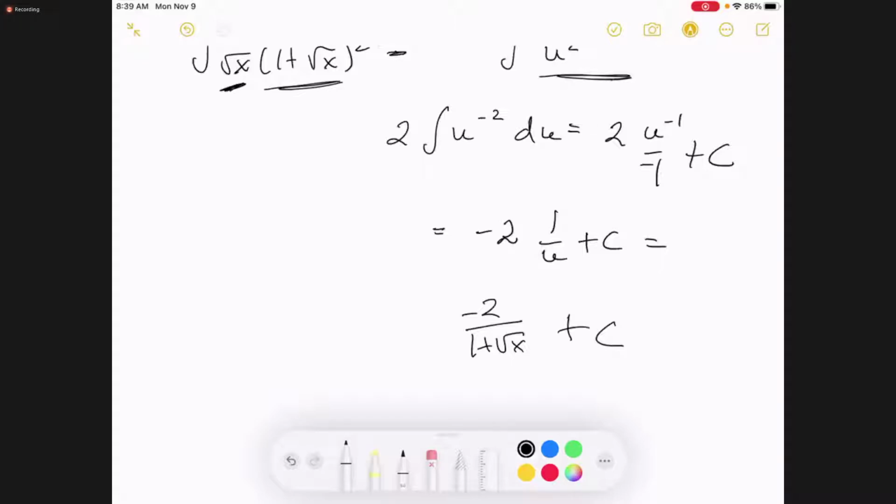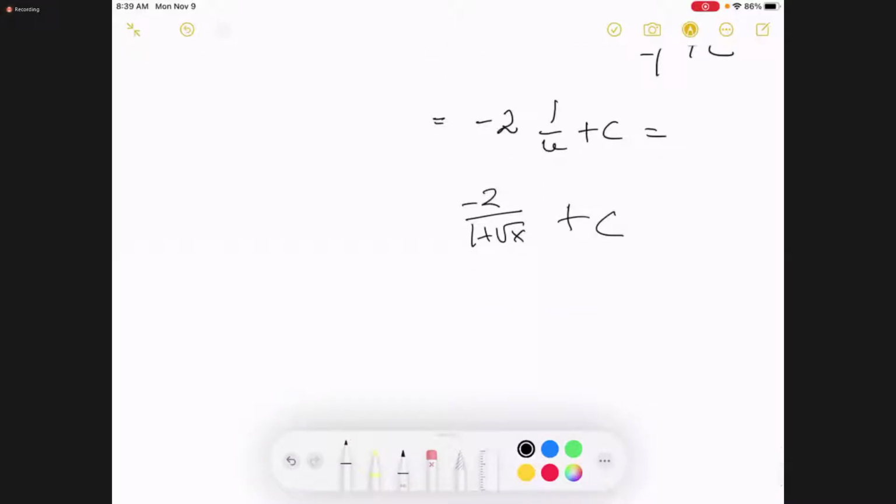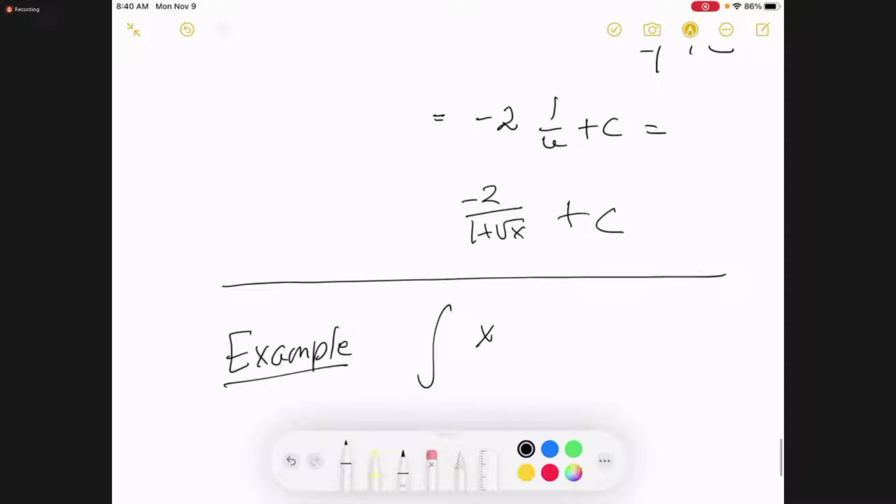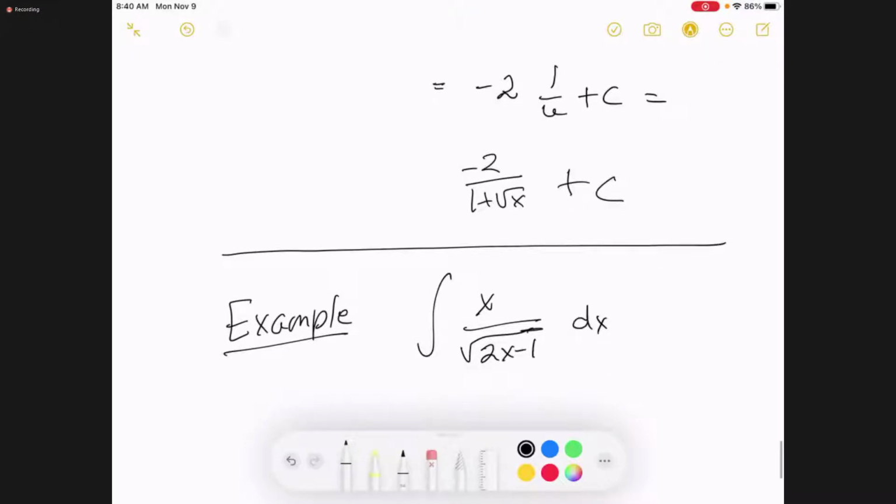I think this one will do. Okay. This one.